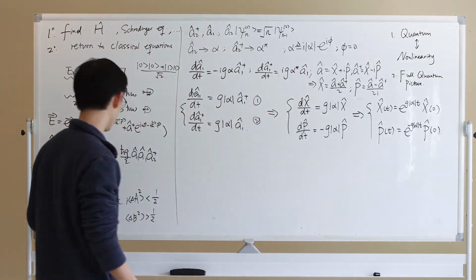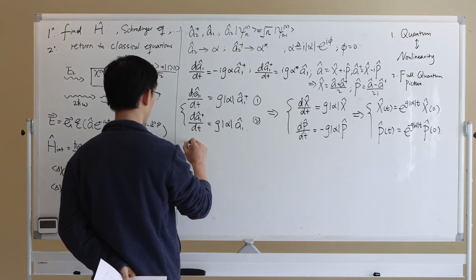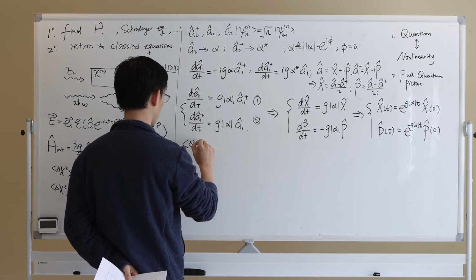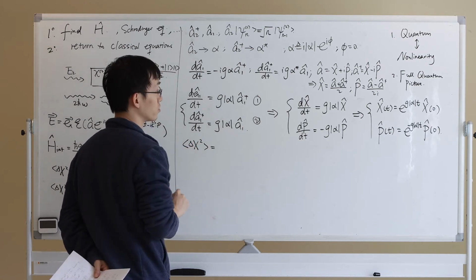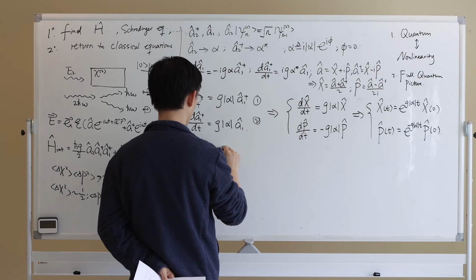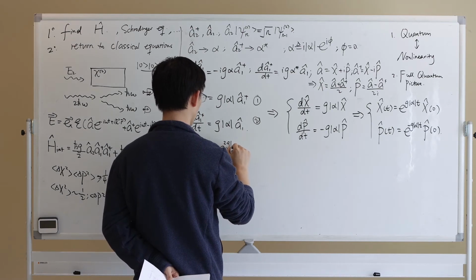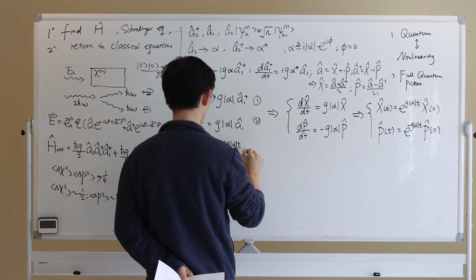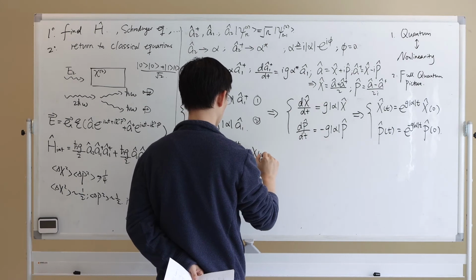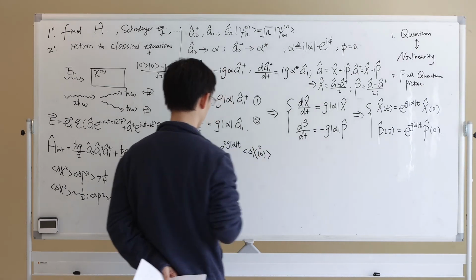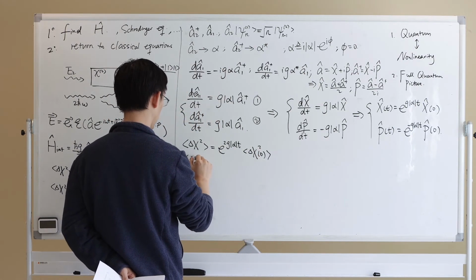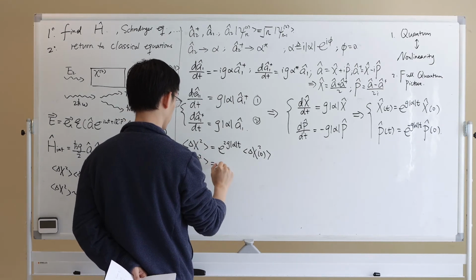So what it would do is that delta x squared is equal to e to the 2g alpha t times delta x 0, and then delta p will equal to 2.